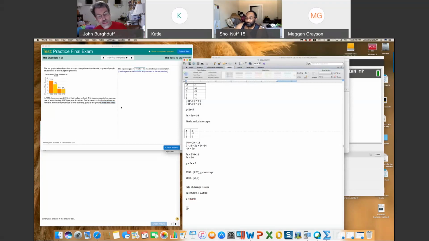In this case, year 1950 was 0, so whatever y value goes with 1950 creates the ordered pair 0, 25. And because the x value is 0, that turns out to be the y-intercept, which is the value of b in the y equal mx plus b formula. So that's how you know that.